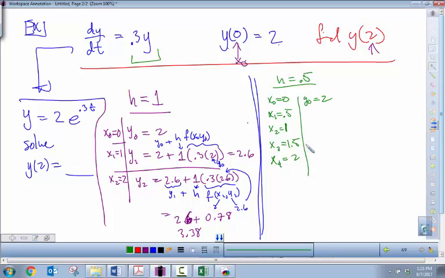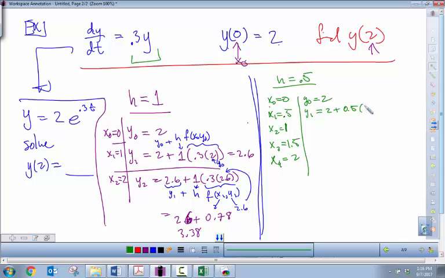And we're going to go through the same process. So y sub 1 is going to be y naught plus h times the derivative evaluated at 0, 2. Again, there are no x's, so there's no 0 to put in.